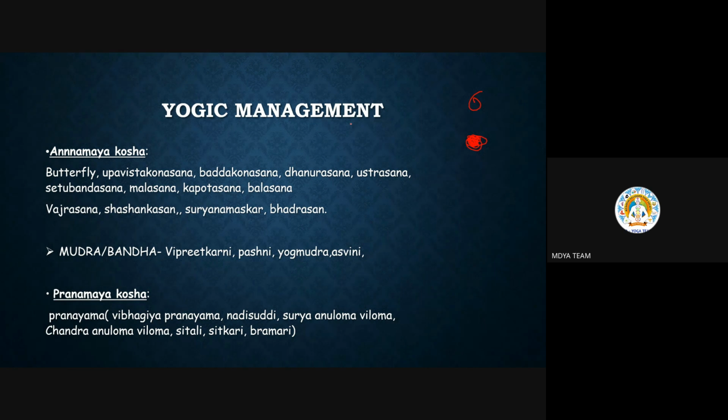These fibroids or cysts can happen in the ovaries, or in the uterus also. Mainly you see uterine fibroids. But these fibroids are non-cancerous.